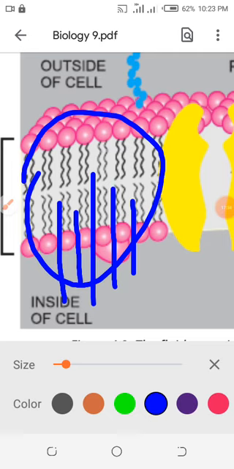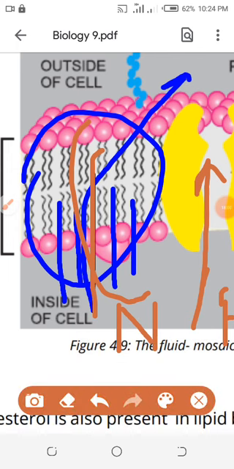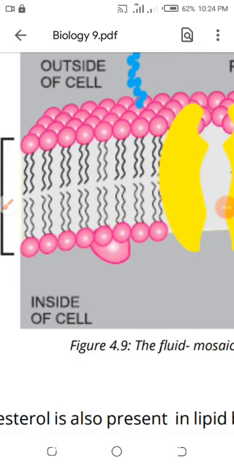Why is the fluid present? When fluid is present, molecules can enter into the cell. Sir, molecules can enter the cell by the protein very easily, so why are molecules also entering through the fluid in the bilipid layer?